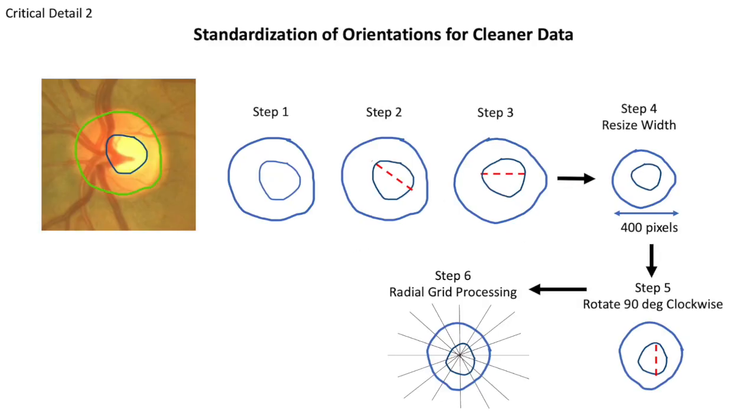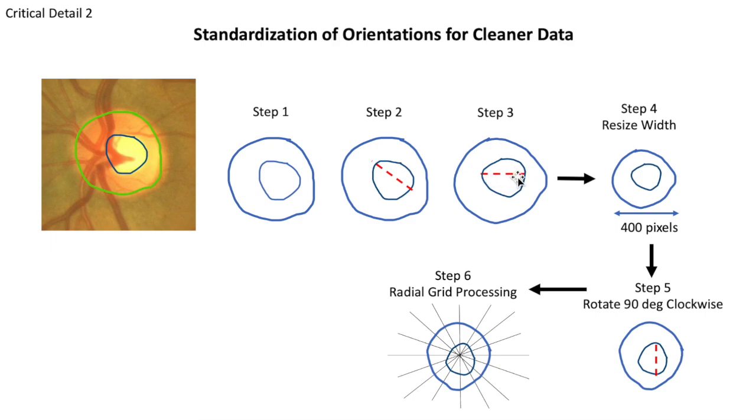Second critical detail is that we always orient shapes in a standardized fashion before we measure them. For example, step 1 is the outline of the cup and the disc in the image. In step 2, we identify the longest internal length of the cup, the inner ring. And then in step 3, we rotate the whole object such that that longest length is horizontal.